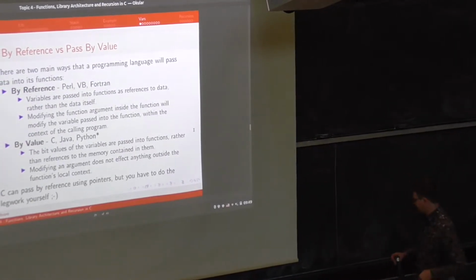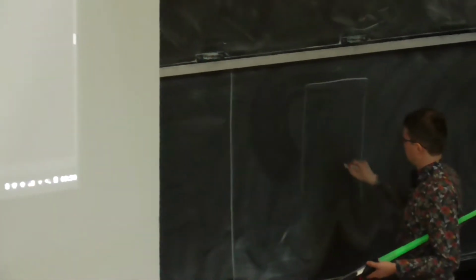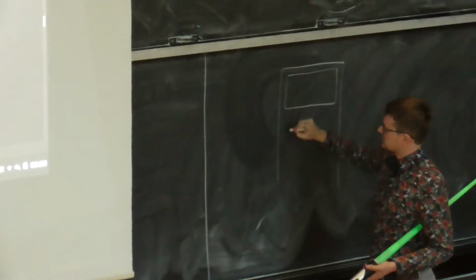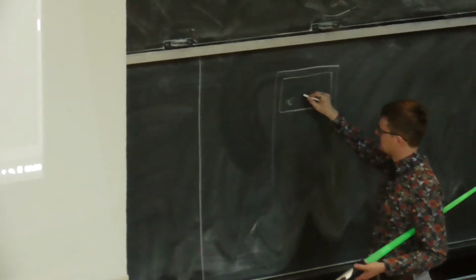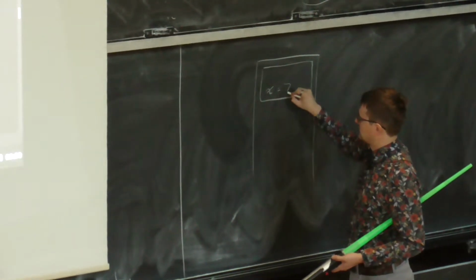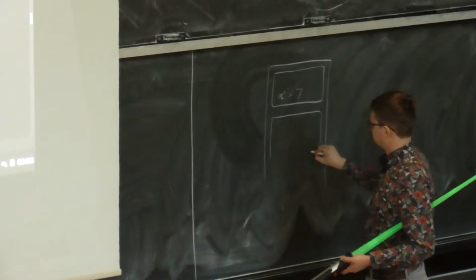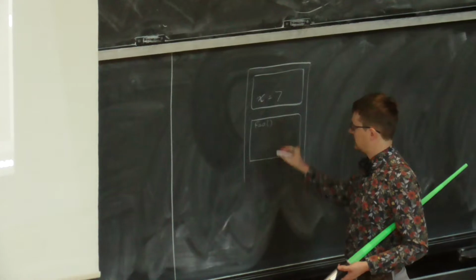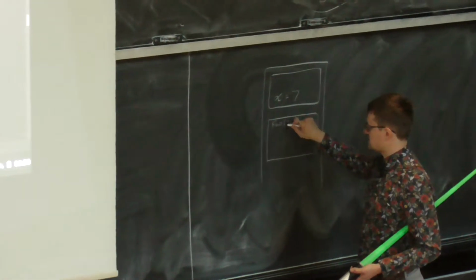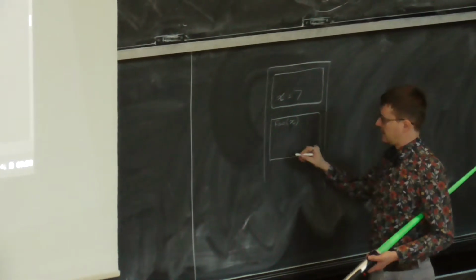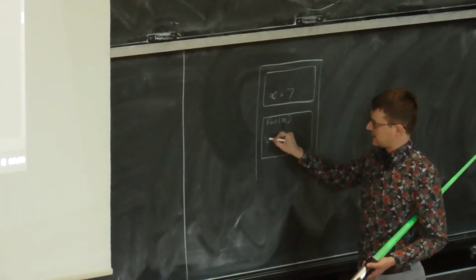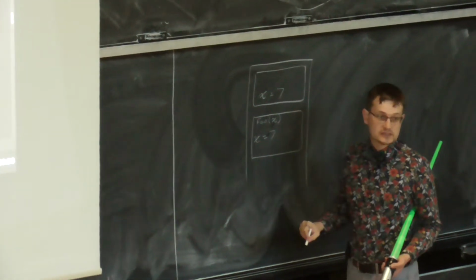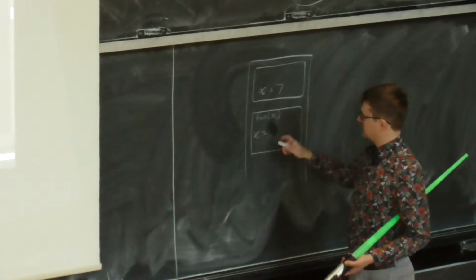So basically, if this is the call stack, in a pass by reference situation, if we have a variable x equal to 7, and we have function foo, and foo has been given x as an argument, then you don't make another x and have it as 7.